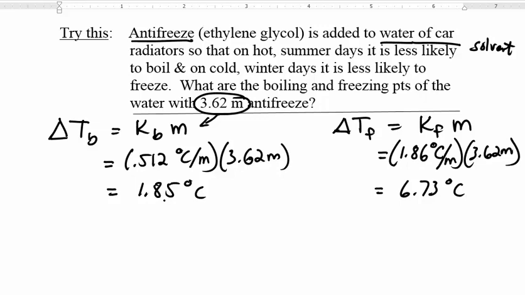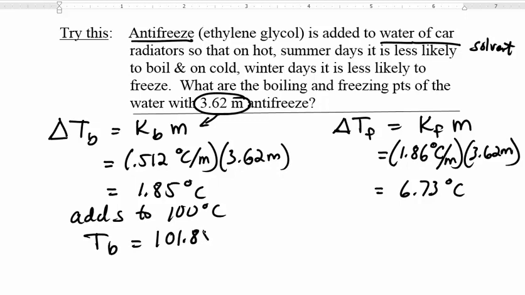Well, the boiling point of water, you should know, is 100, so you're going to add this to 100. So the new boiling point is going to be 101.85 degrees C. The freezing point of water is 0, and you know this is a depression, so you're going to subtract from 0 degrees.